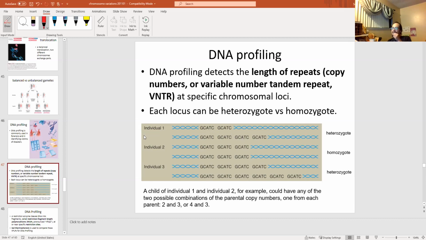So if we have individual one married with individual two, these two chromosomes happen to be identical in that repeat. This may not be the same in other repeats, but in this locus, it happens to be the same. So this is homozygous.